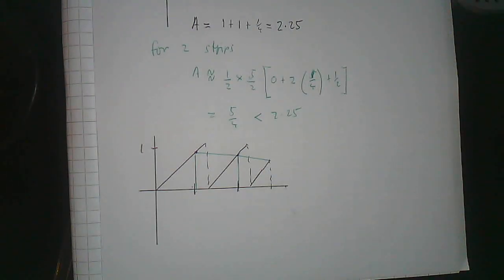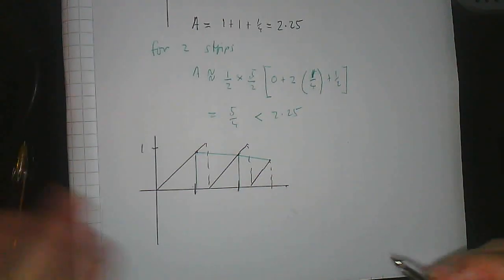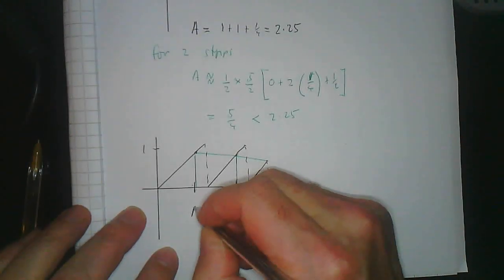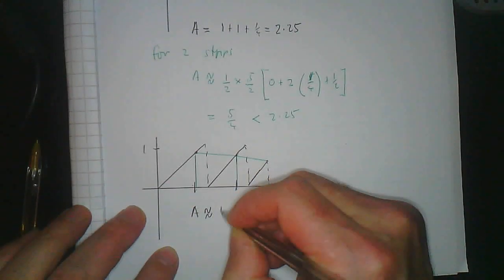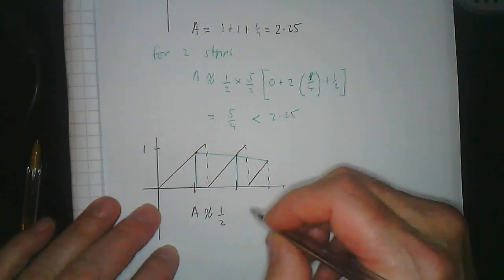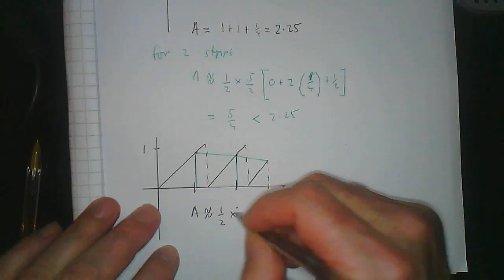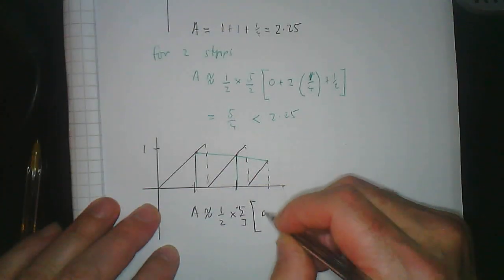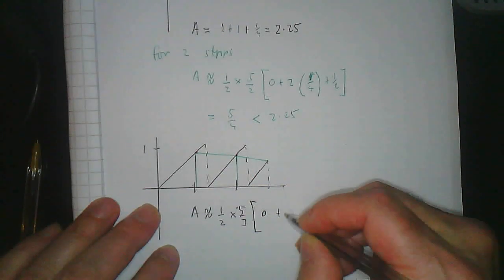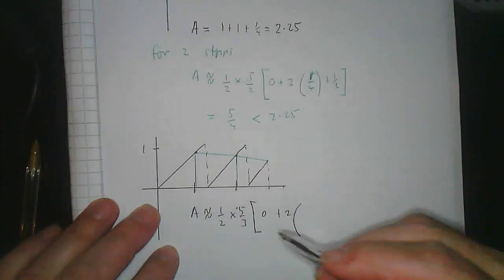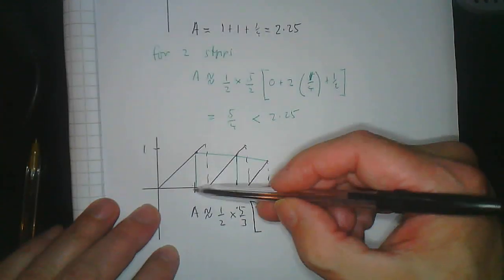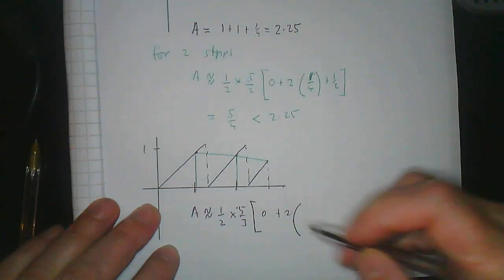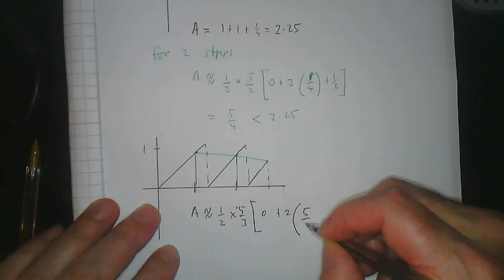But let's just convince ourselves of this. The area is approximately equal to half the width, which is 5 over 3, times brackets 0 plus 2 lots of, right, this time we've got 5 over 3 here, so we need to halve that, and we get 5 over 6.